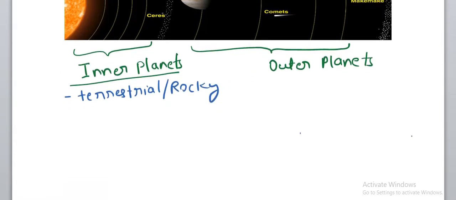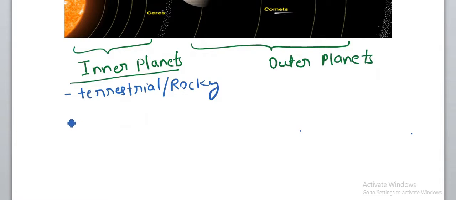And because their surface is much like Earth, they are also called Earth-like, right? So their surface is similar to the surface of the Earth, so they are also called Earth-like planets. And also they are generally smaller in size.